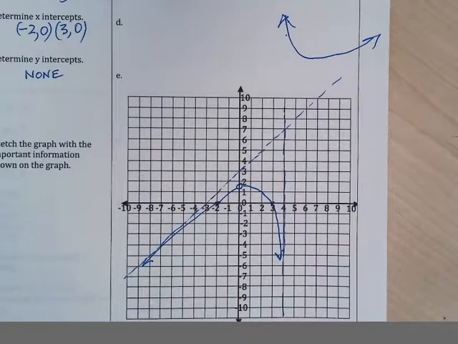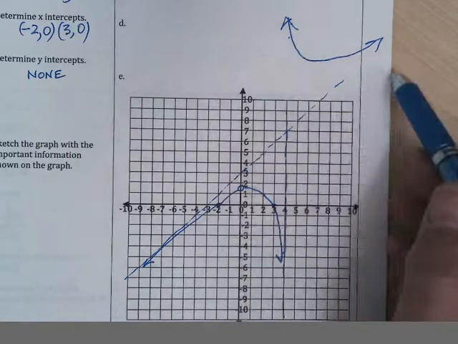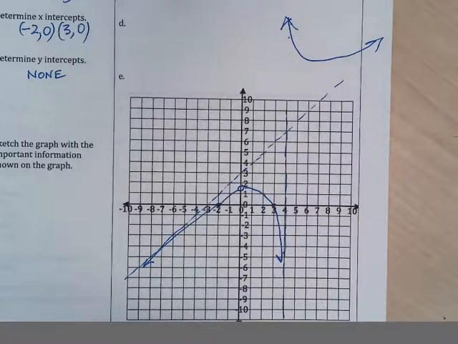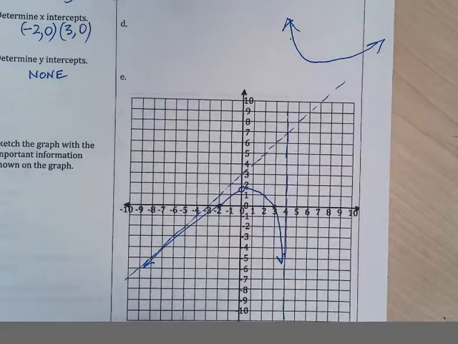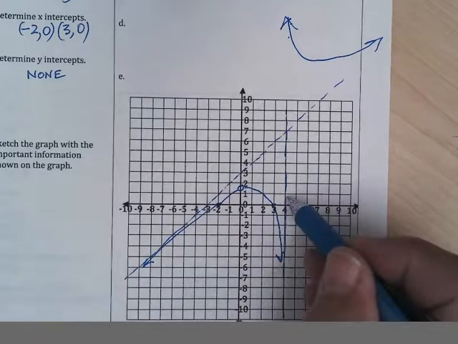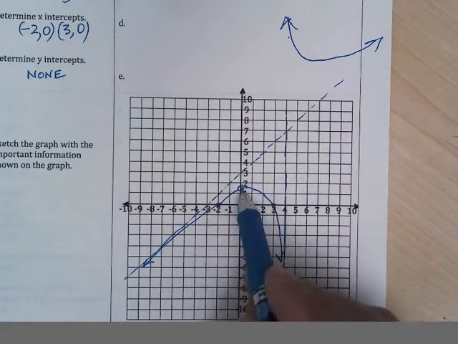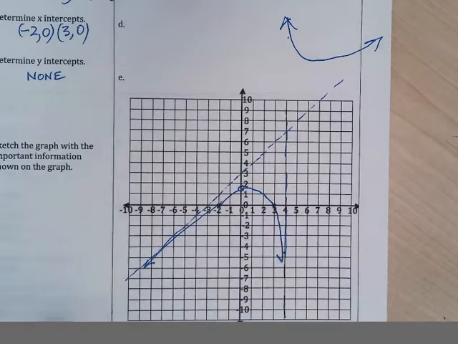Solve for when f of x is greater than or equal to 0. All of this is greater than or equal to 0. So that's from 4 to infinity, not including the 4. And it's greater than 0 from minus 2 to 3, except there. So we have to break this into two pieces.